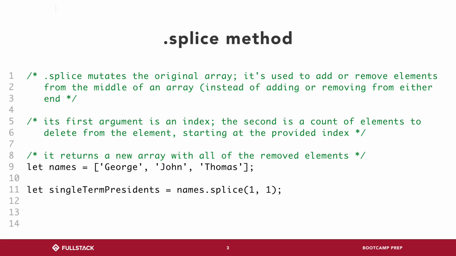But if you use splice, then it will affect this one, and it can lead to a lot of confusion because you expect this to just be a new array, but you've actually now changed this one, and so any other function that looks at this array is now looking at a different array, so it can lead to confusion in the code.